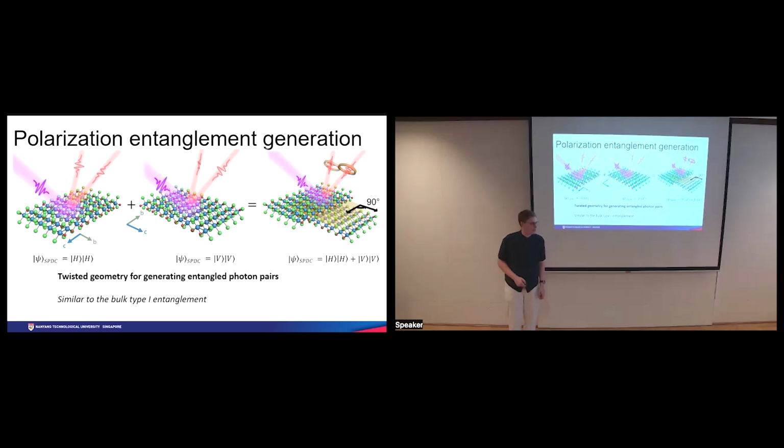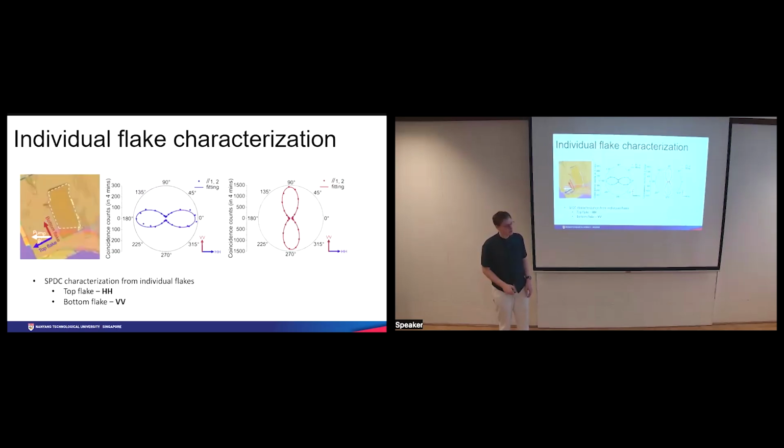Then you would have a polarization entangled state from this kind of 2D material heterostructure. This idea comes from the type 1 bulk crystal polarization entangled scheme. So what we did: first we fabricated the sample, and we put a slab of MbOCl on top of another slab of MbOCl.